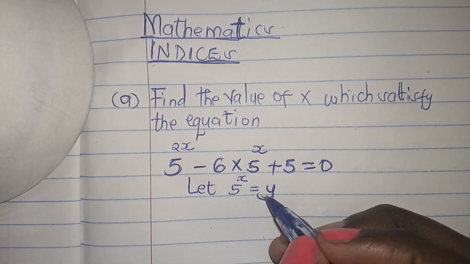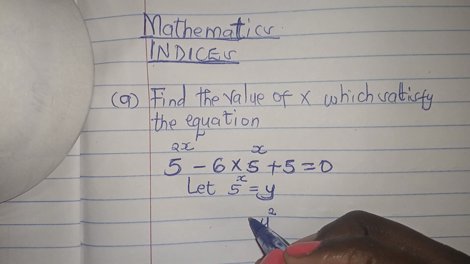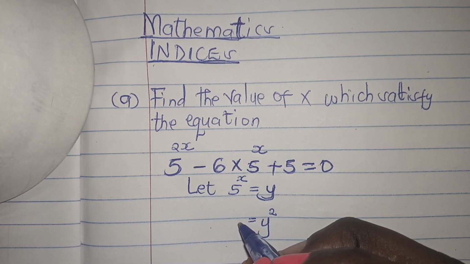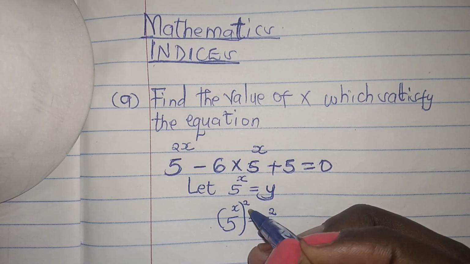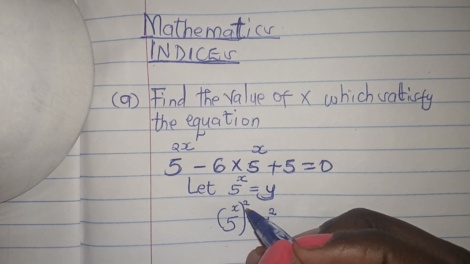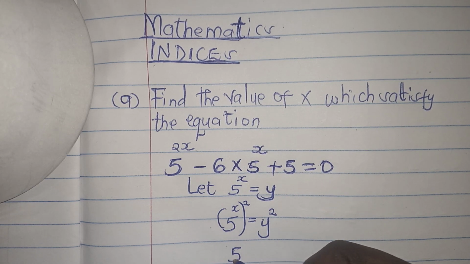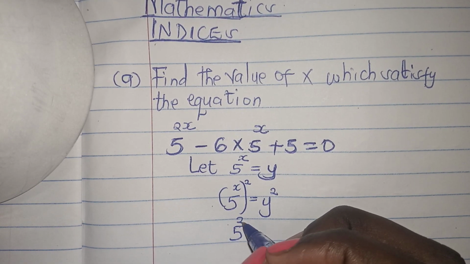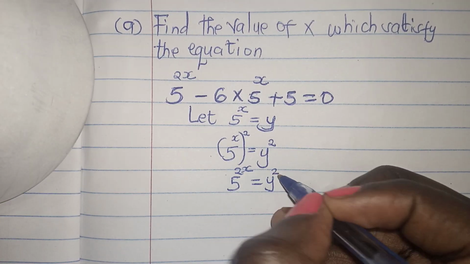When you square this, you get y squared, which is equal to 5 to the power of x, but I'm squaring. By the laws of indices, to these powers you can multiply. So this gives me 5 to the power 2x is equal to y squared.